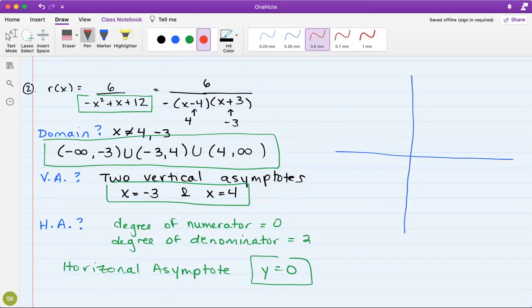So we have a vertical asymptote at negative 3. So let's go out 1, 2, 3. I'm going to put a dotted line here. So this is x is equal to negative 3. And then also at 4. So 1, 2, 3, 4. I'm going to put another dotted line. This is x is equal to 4. And then I'm going to put one more dotted line that corresponds to this horizontal asymptote, y is equal to 0. So right here.